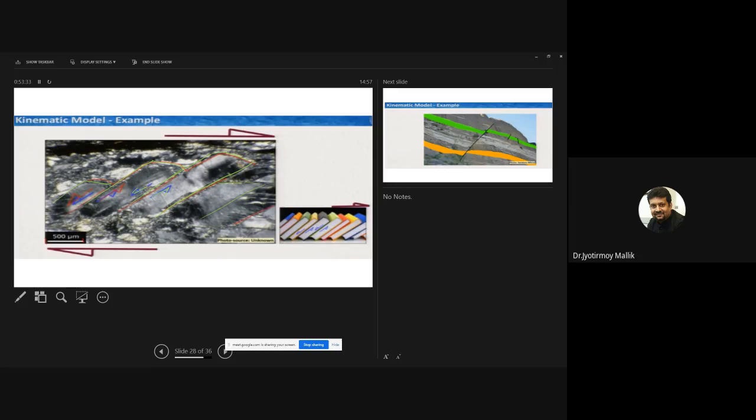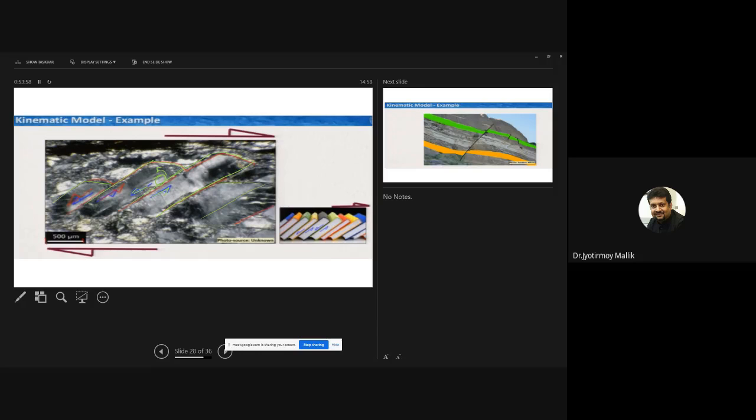If you just describe this structure, you are still in the geometrical modeling domain. But if you are describing what sort of shear this is, dextral or sinistral? It is sinistral shear, right?